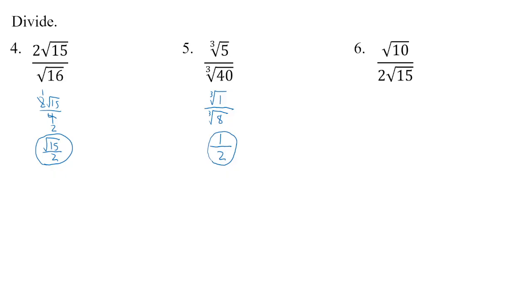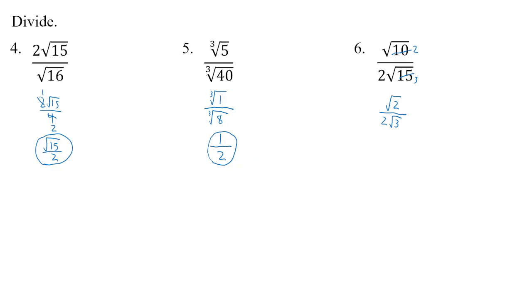All right, next we got the square root of 10 over 2 times the square root of 15. Well, we know 5 can go into both 10 and 15. So 5 goes into 10 2 times, and 5 goes into 15 3 times. Therefore, we have the square root of 2 over 2 times the square root of 3.